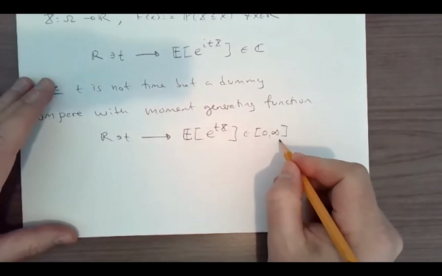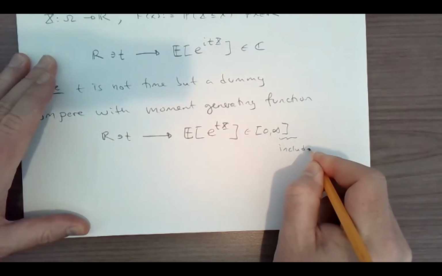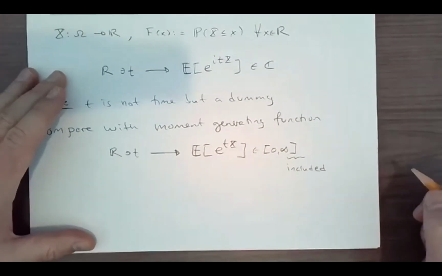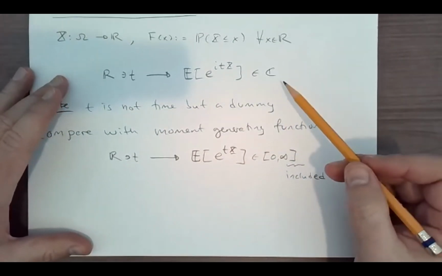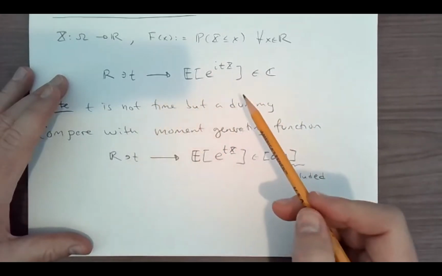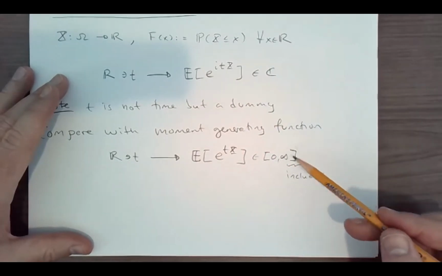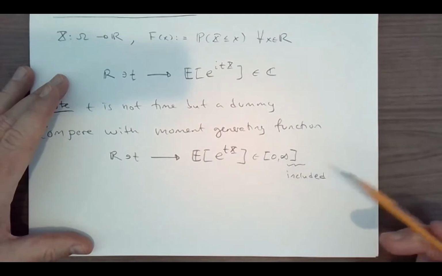Remember this one, this is included, and that's the main problem. This is why we prefer the characteristic function, where you have this i in front. It is to rule out this potential problem of being plus infinity.